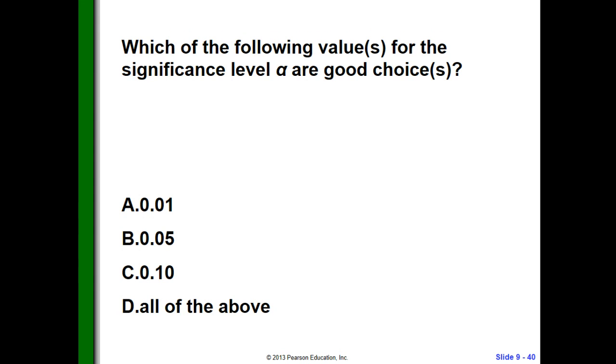I don't have to be 100% sure that he has all the knowledge, so at 10%, C would be okay. If it's something more critical, like buying a car, I want to be 95% confident that I'm getting the right car. 5% is okay. How about 1%? If this is going to significantly adversely affect somebody, maybe I want to limit it to 1%. So all of the above can be used for different situations.